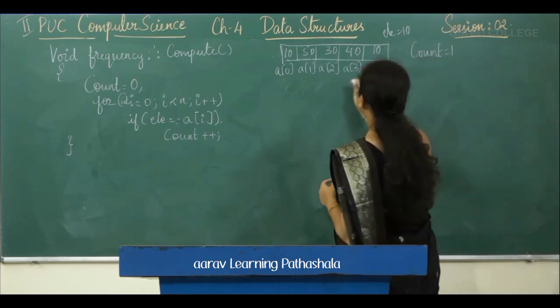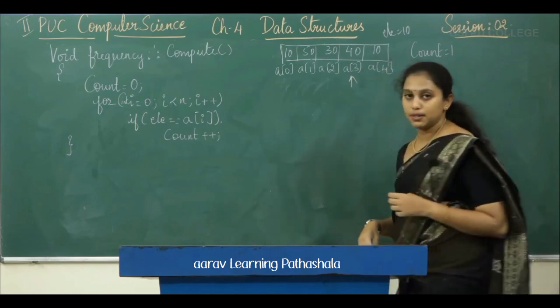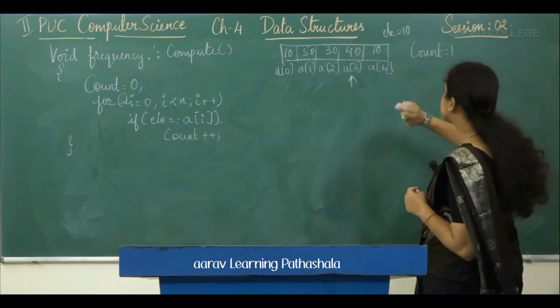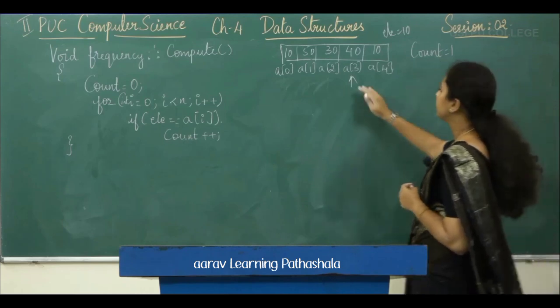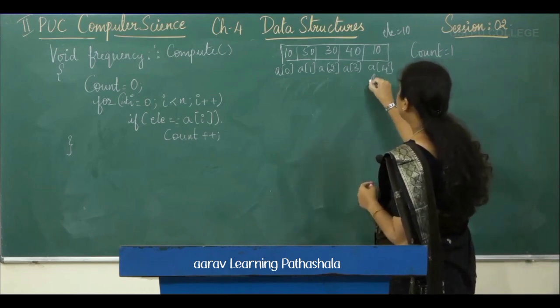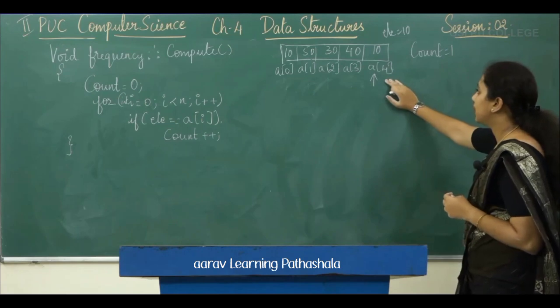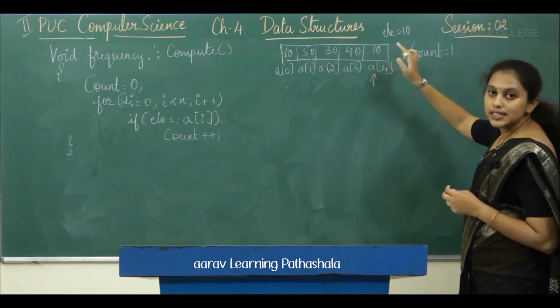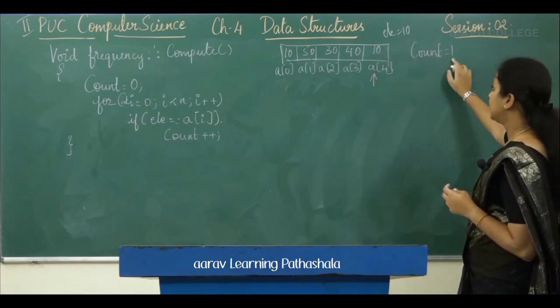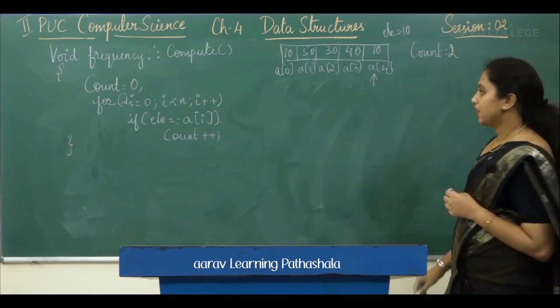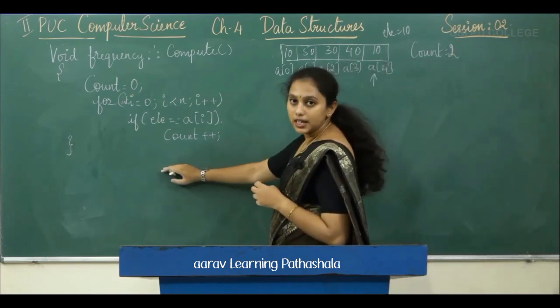Next, the fourth element: 40 does not equal 10, hence count remains same. Next I am going to compare it with the fifth element of the array, that is 10. 10 is equal to 10, hence count gets incremented. So that is what I have written here.